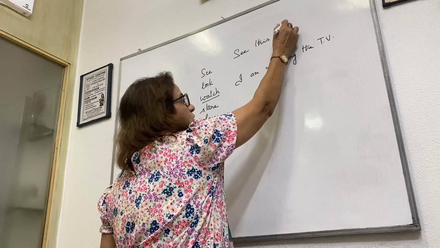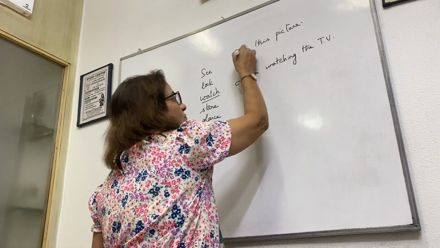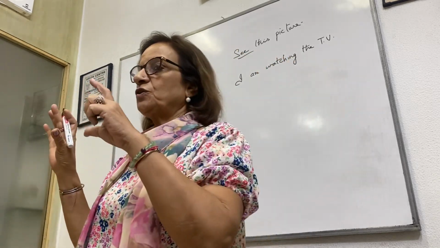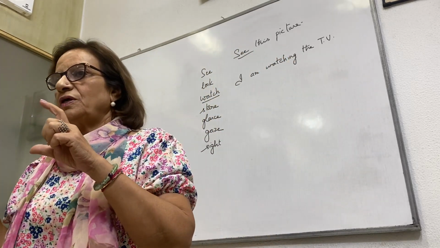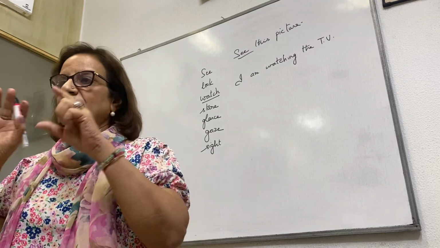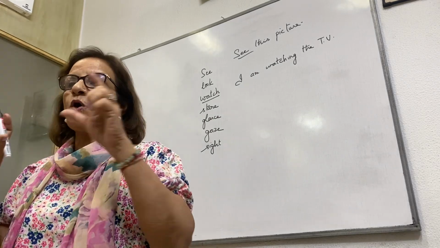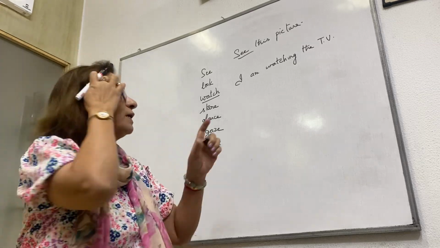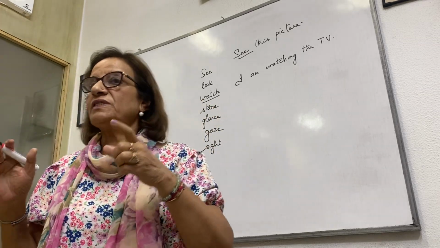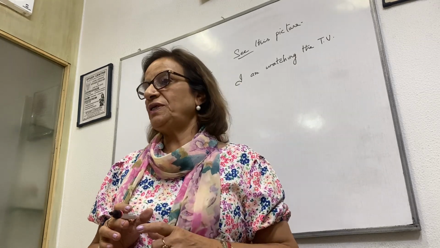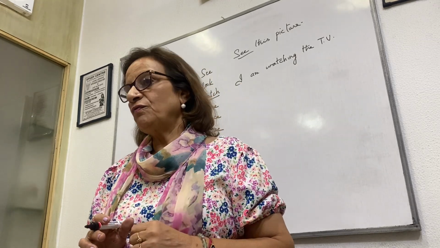Can I say watch this picture? I will use see this picture. If I am showing you a picture of something, I will tell you see this picture, students, not watch this picture. Okay? But if I am showing you a movie, I will say watch this movie. Okay? Watch on TV. Then we will use the word watch.